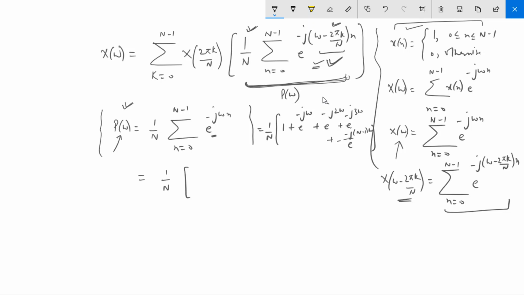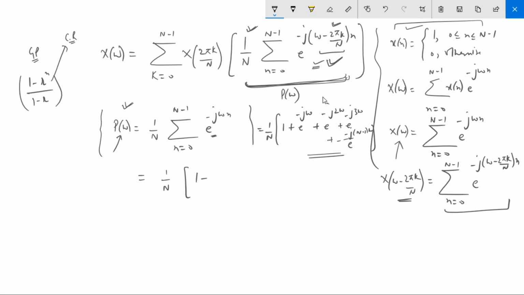So this is a GP series. The sum of N terms of a GP series is nothing but (1 minus r raised to power N) upon (1 minus r). This is for a geometric progression, where r is your common ratio.